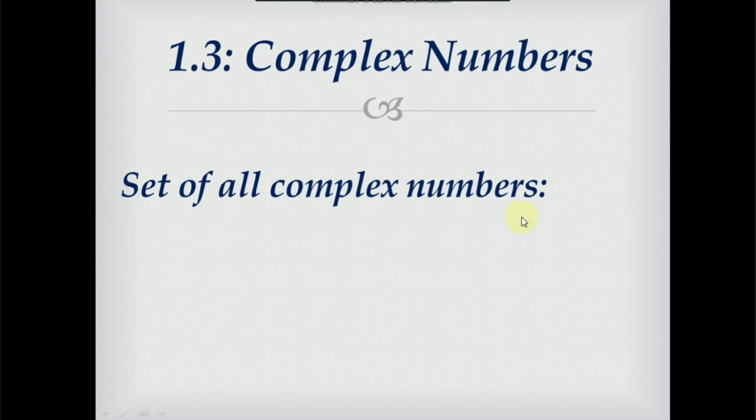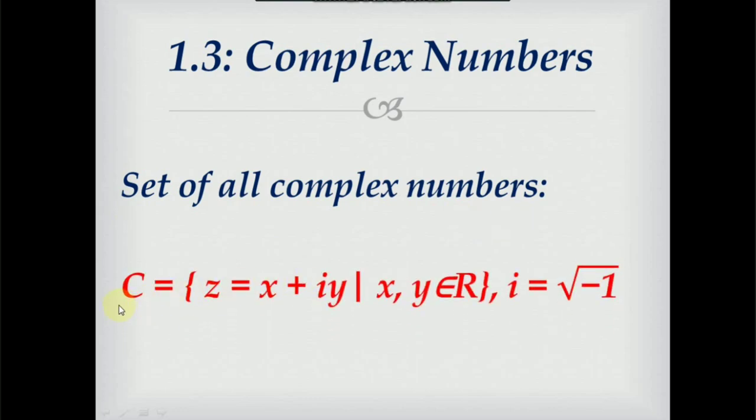The set of all complex numbers is denoted by C. It is equal to the set of numbers z = x + iy, where x and y are real numbers and i = square root of -1. Here i is known as an imaginary number. So, in this way, the set of complex numbers is formed with the help of real numbers and the imaginary number.